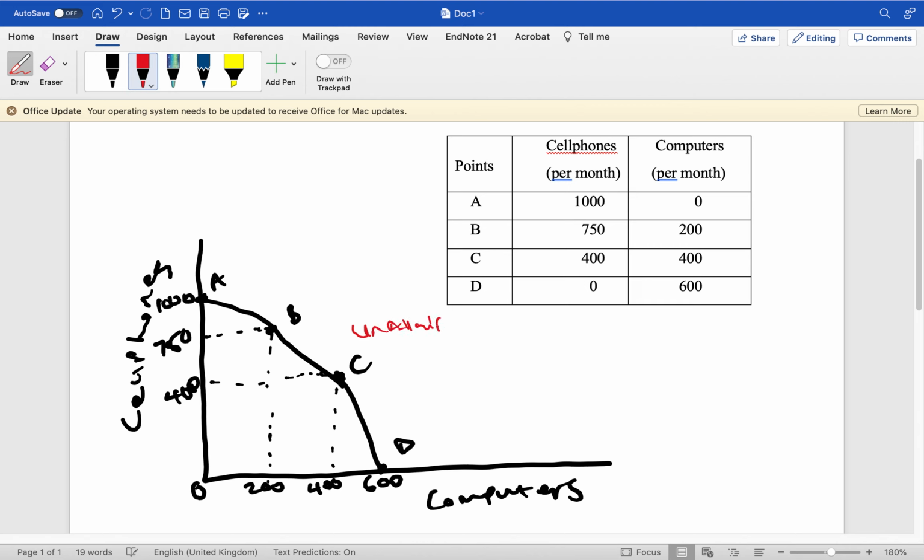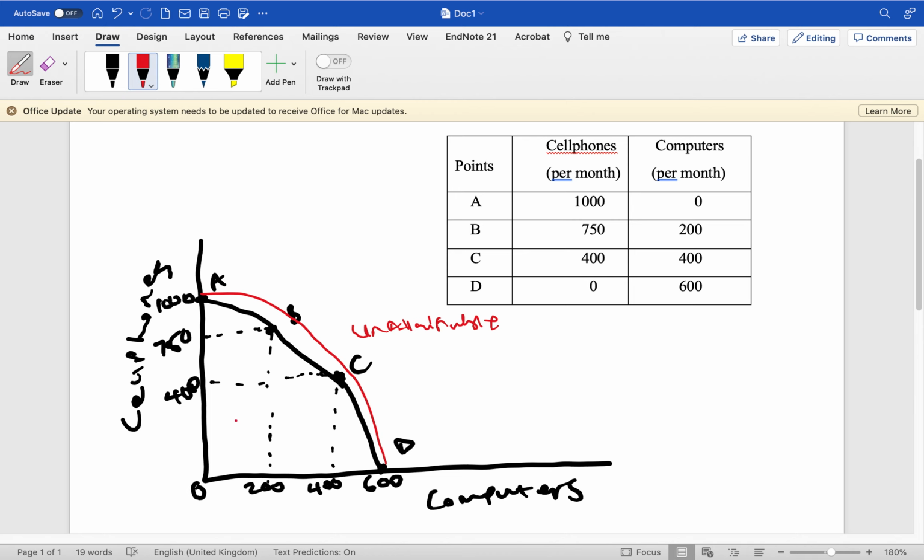unattainable. And the points along the PPC are attainable and efficient. Between points A, B, C, and D, it is possible for us to obtain those units.